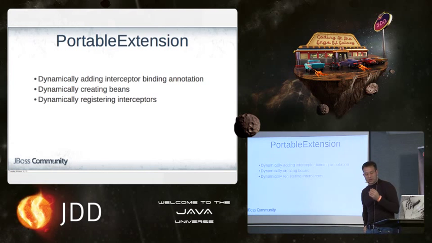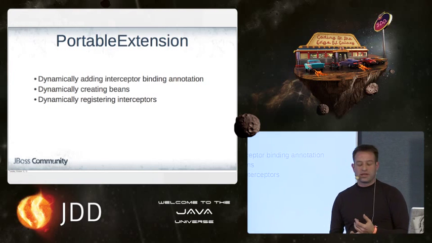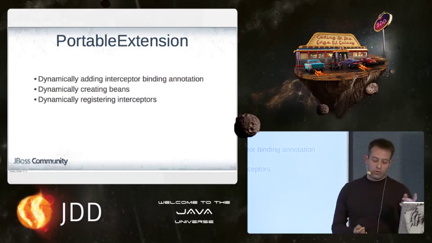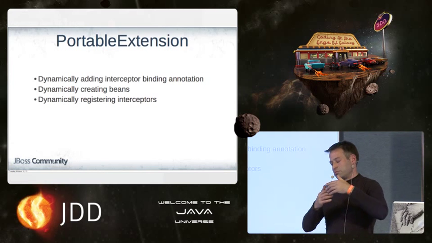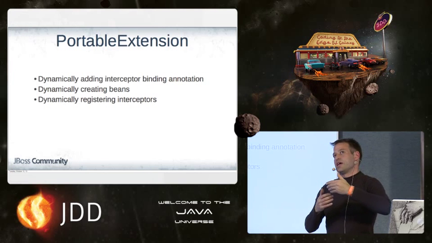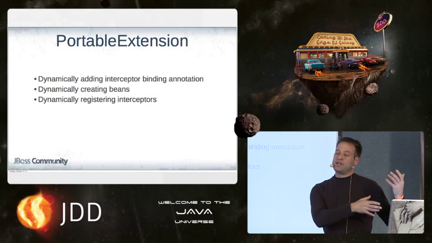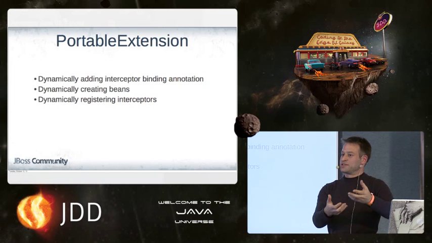So as a sample, what you can do with the extension is you can dynamically add an interceptor. If you wanted to, you can dynamically create beans. What we are also doing in the interceptor code is watching all the processed beans, and if by the end of the discovery no Bean validation implementation was found, we are adding ourselves as an implementation.